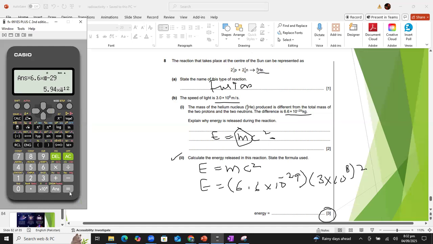So what we are getting? Well done, Sarim. We are getting the energy 5.94 into 10 raised to power minus 12 joule. This energy is produced during only one reaction. Only one reaction. And I told you, beta, the billions of hydrogen is lost in 1 second from the sun.